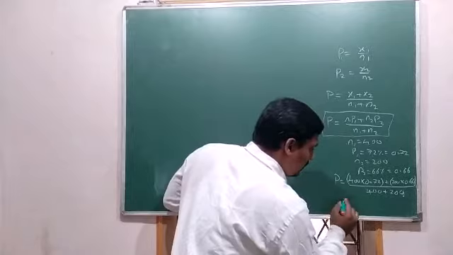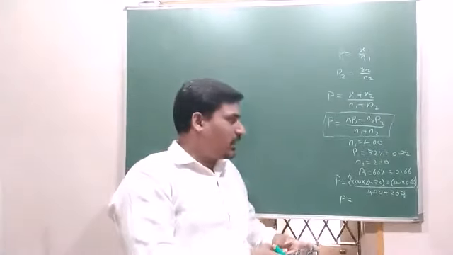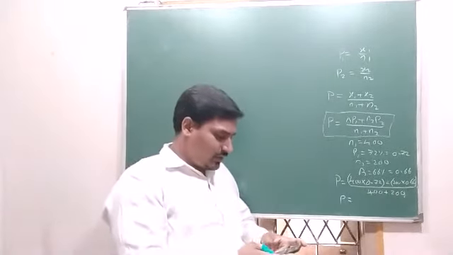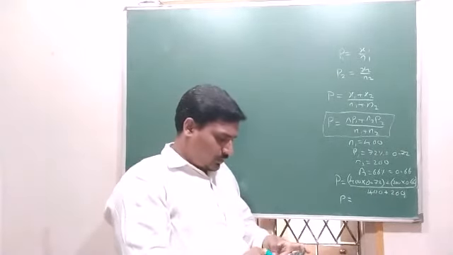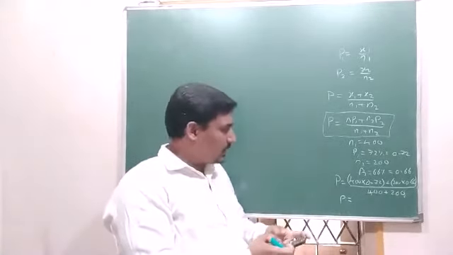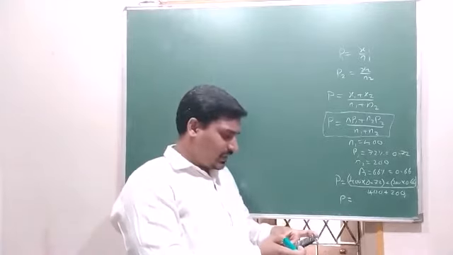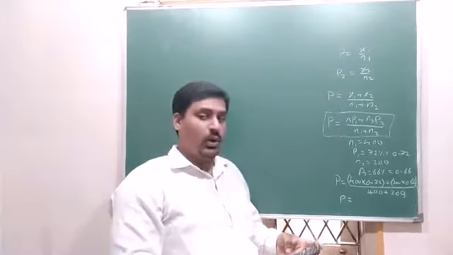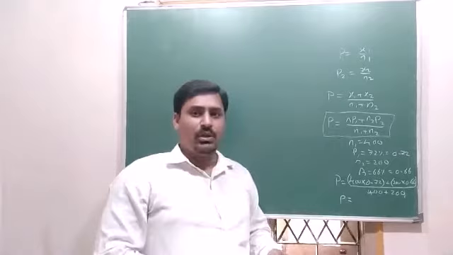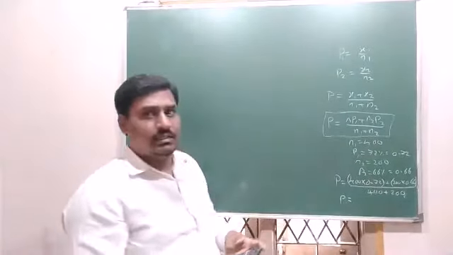So 400 into 0.72 is 288, plus 200 into 0.66 is 132. If we add both, we get 420, divided by 400 plus 200 which is 600.